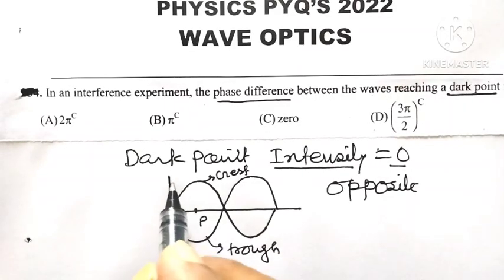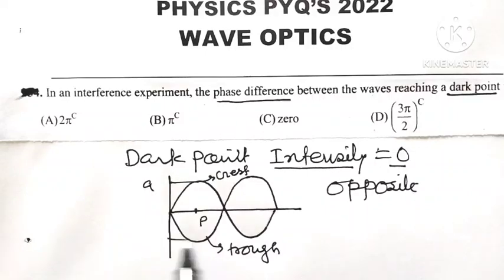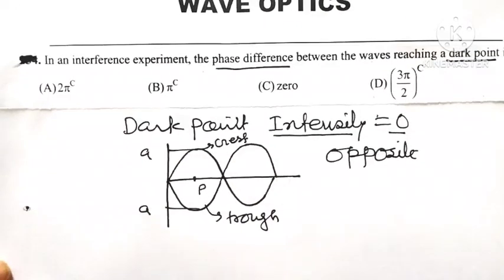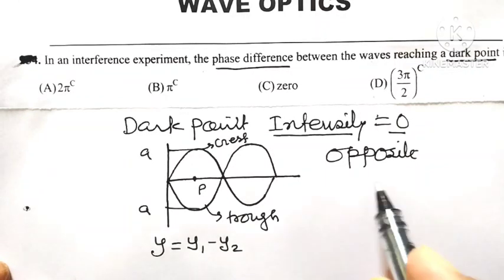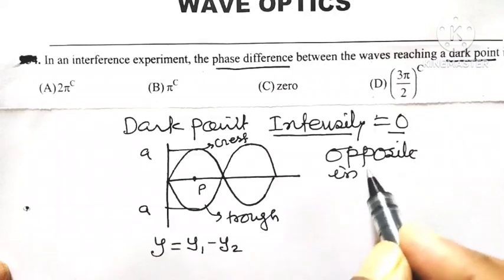And if the two waves are of the same amplitude, then according to the principle of superposition of waves, the resultant displacement at the point of superposition is, here there occurs cancellation of displacement, y equal to y1 minus y2, because the two waves are opposite in phase.